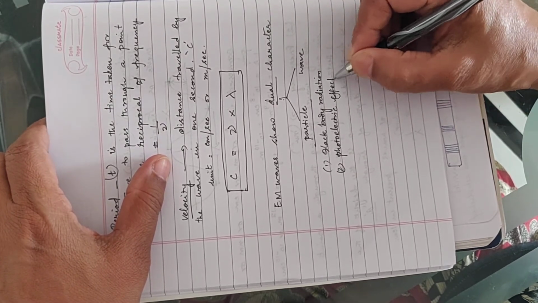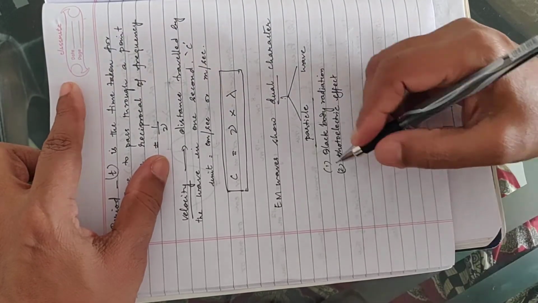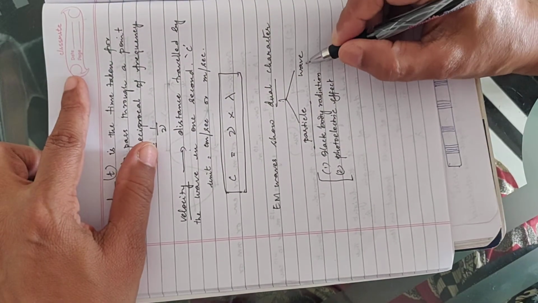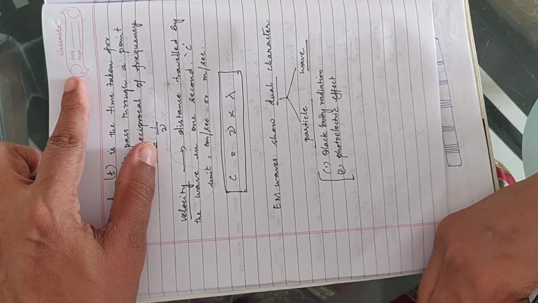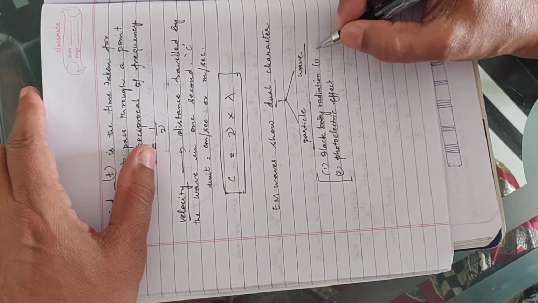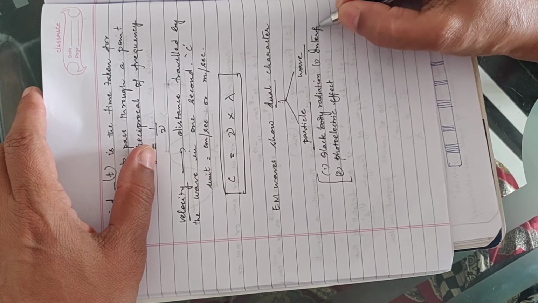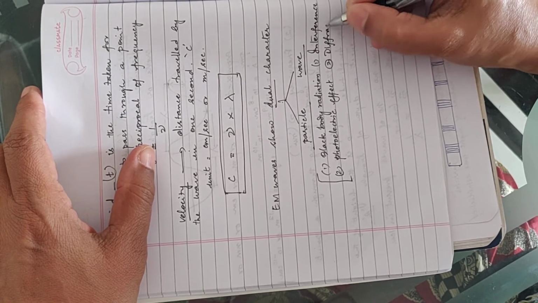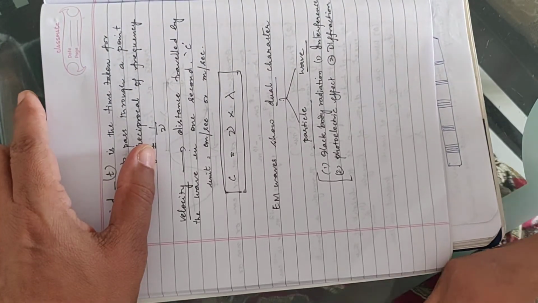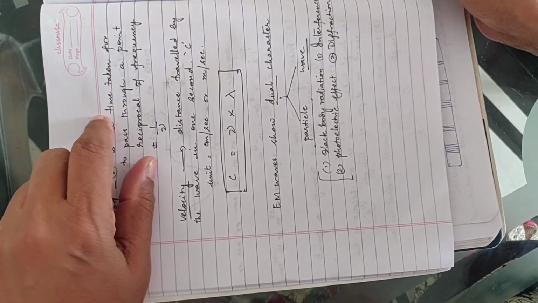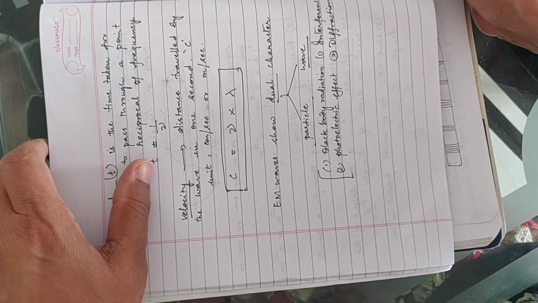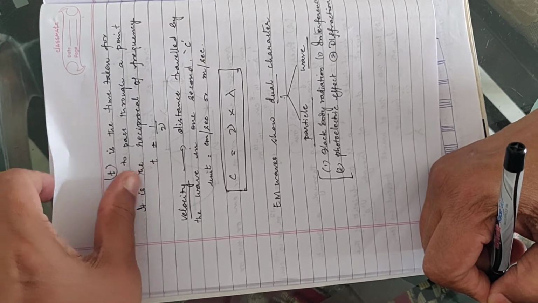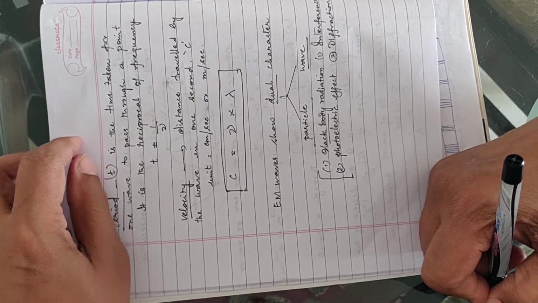So these two characteristics exhibit the particle nature of the electromagnetic wave. And to describe wave nature of electromagnetic waves, the characteristics are interference and diffraction. So this we will see later, or probably you will see in your physics. So let us just give a brief note on black body radiation and photoelectric effect.